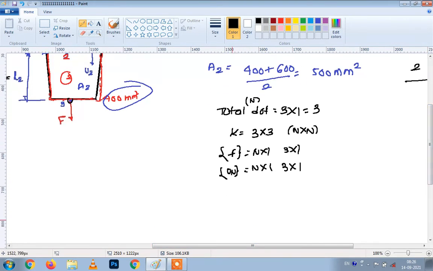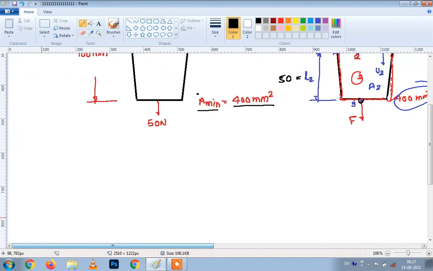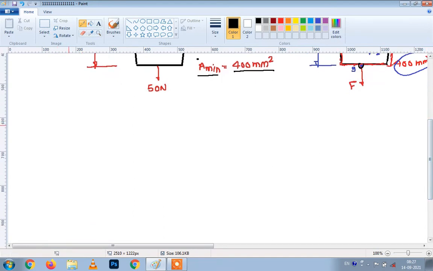In this way we have found out the total degree of freedom. Now the next step uses the relationship that force is equal to stiffness into nodal displacement.